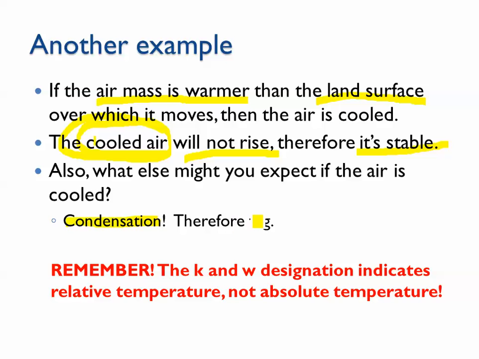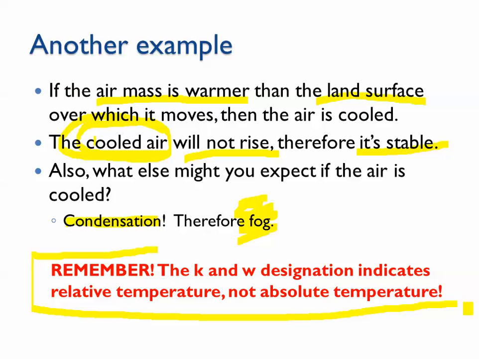And that condensation, therefore, is going to produce fog. And this would have that W designation because it's warmer air, and often that will produce fog. So key thing to remember is that the K and the W designations do not indicate absolute temperature. If it's a K, it doesn't mean the air mass is cold. It just means it's colder than the surface over which it moves.